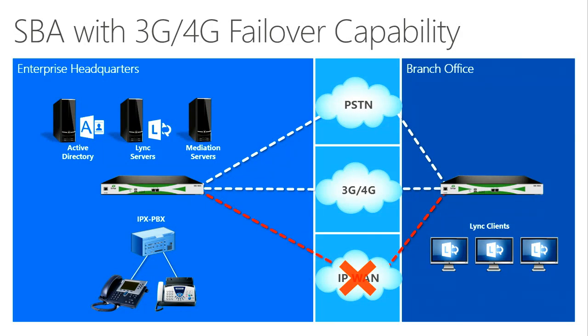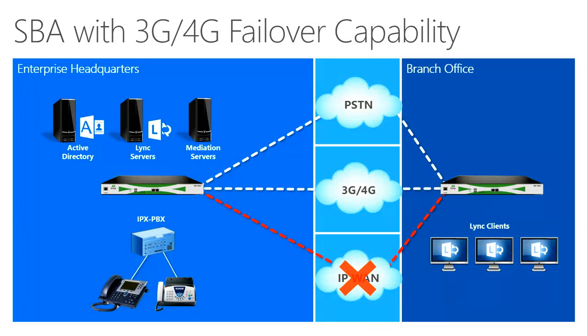So what is the whole purpose of this? The SBA, or Survival Branch Appliance, is a server sitting inside our box as an appliance that you run down at the branches. However, it costs quite a bit more than if you wanted to just put a small SBC or gateway device down at the branch. So that device is costing quite a bit more.